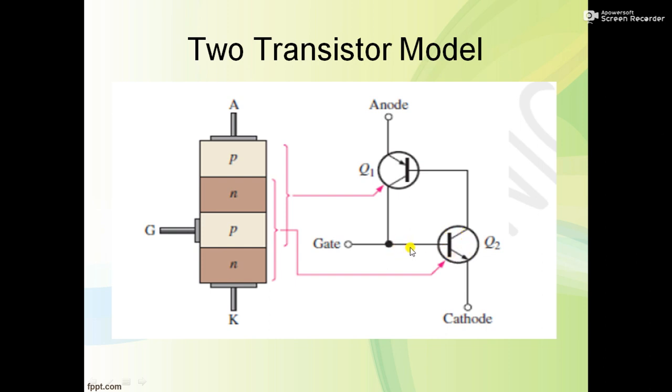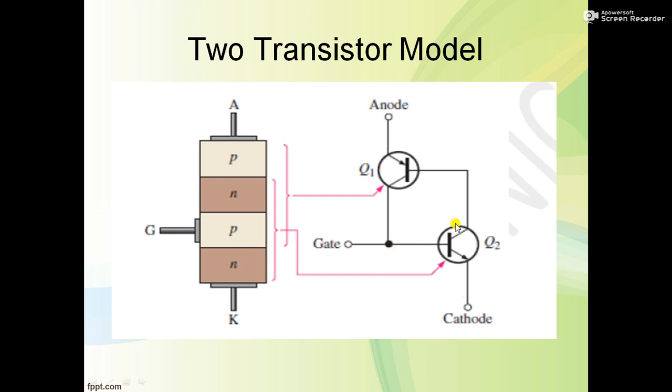This indicates that IB2 increases, because the emitter base junction becomes forward biased. When it becomes forward biased, IB2 increases. As IB2 increases, IC2 also increases. This is when we apply the positive voltage from gate to cathode.